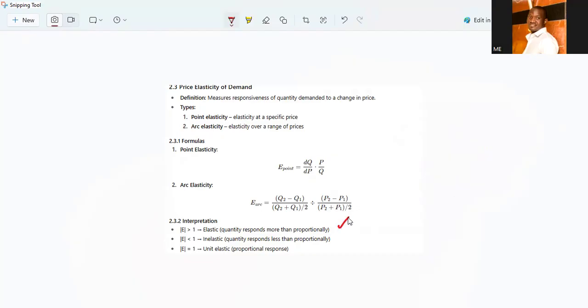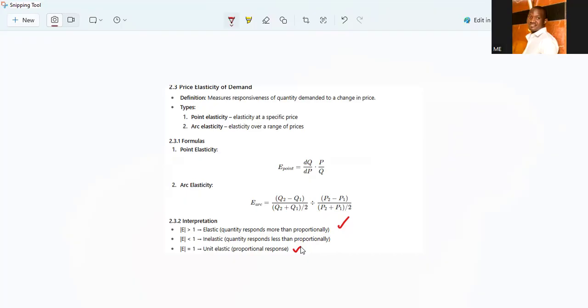So meaning the quantity responds more proportionally. So if you increase by 1 kwacha, you lose demand by more than 1 kwacha. Then if it's equal to 1, it is unit. It's proportional response. So if you're going to increase by 10%, you're losing demand by 10%. Then if it is less than 1, it is inelastic, meaning the quantity responds less proportionally.